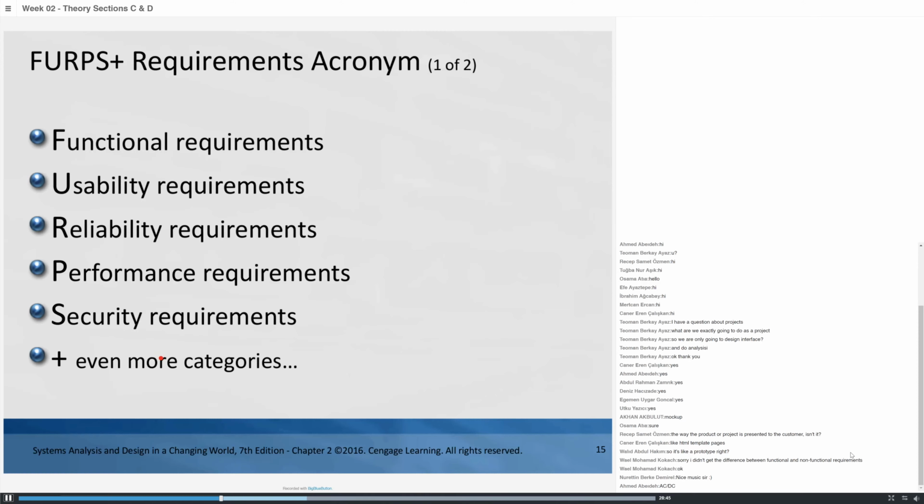Let me explain them. For example, usability requirements describe operational characteristics related to the user, such as user interfaces, related work procedures, online help, and so on.